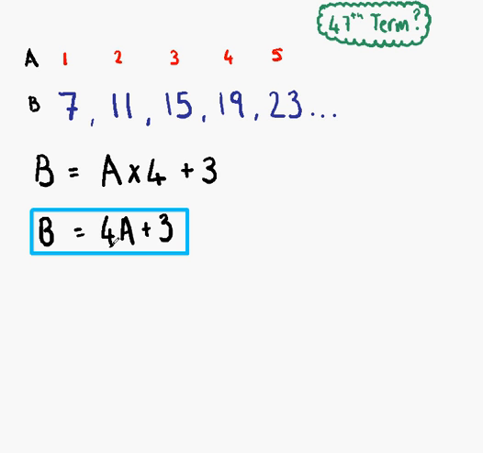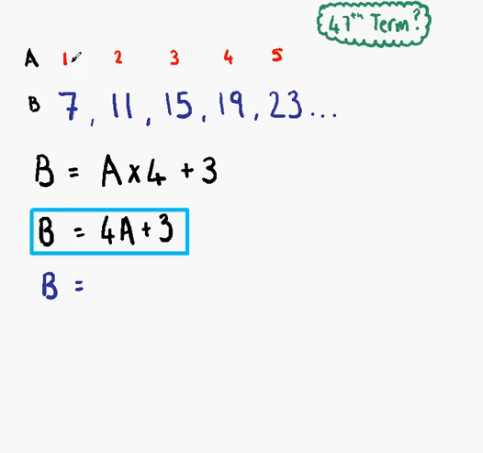Thinking back to our question, it was, is there a simple way of finding out, for example, the 47th term? Well, now we have a formula, it is straightforward. Now, B is the list of terms. We want to find out what the 47th term is, so we want to know what B is equal to.